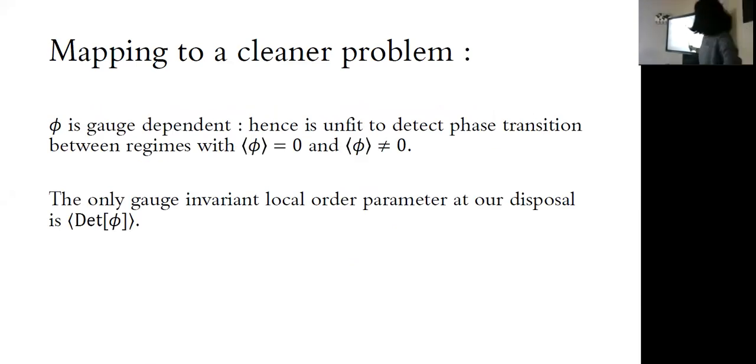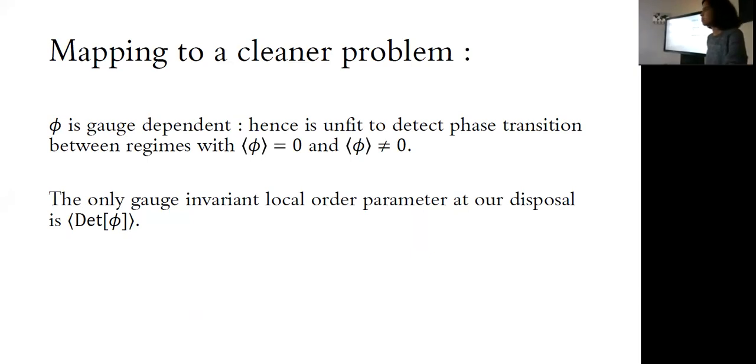So can you use phi to detect a phase transition between the two sides? Well, no, because this is a gauge dependent thing, and to use that is not reasonable. That's like the regular phase of the wave function, which you can make local or global. In this case, it's global.